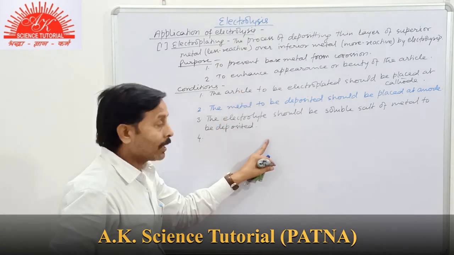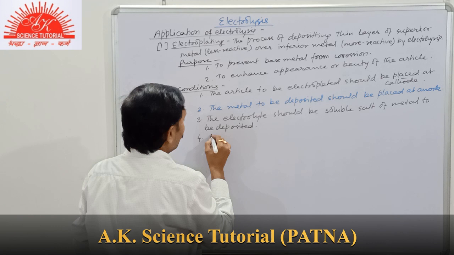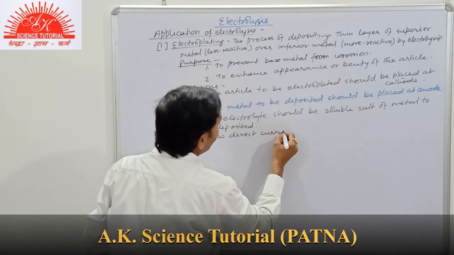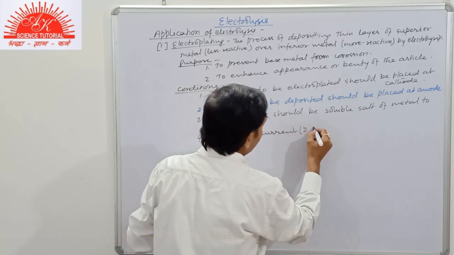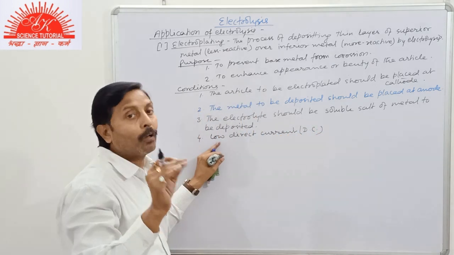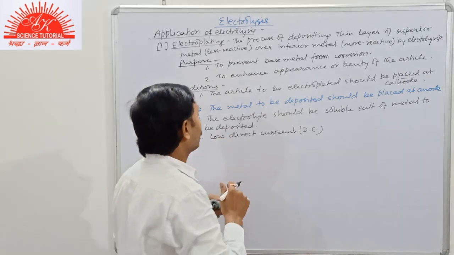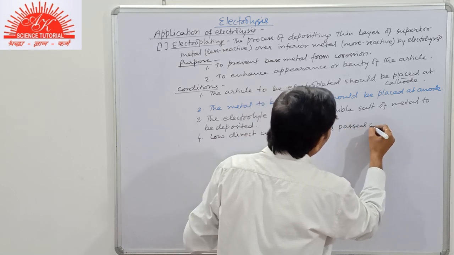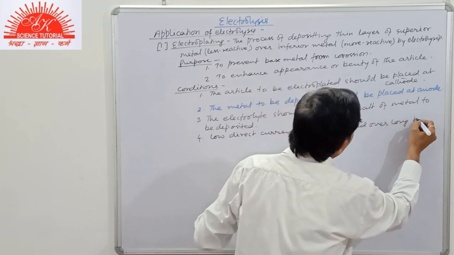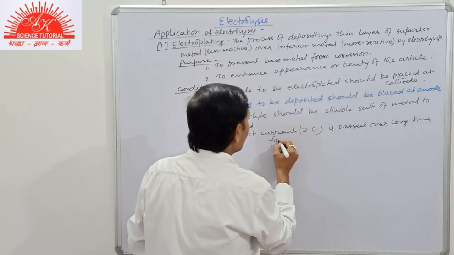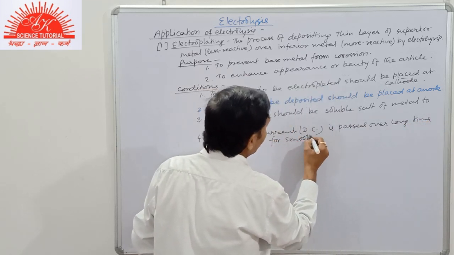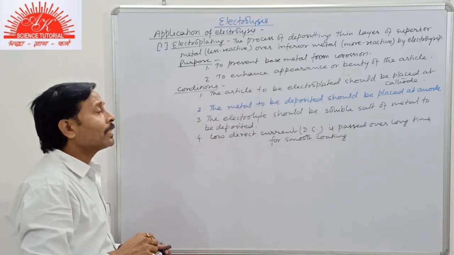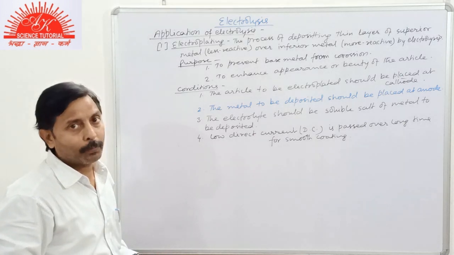These are the three conditions, and the last condition, low direct current, that is DC. Low means a small current. We will not take excess of current. Low direct current is passed over a long time for a smooth coating. So these are the four essential conditions required for electroplating.